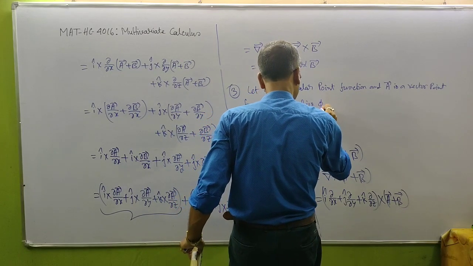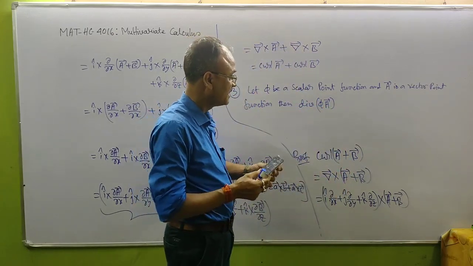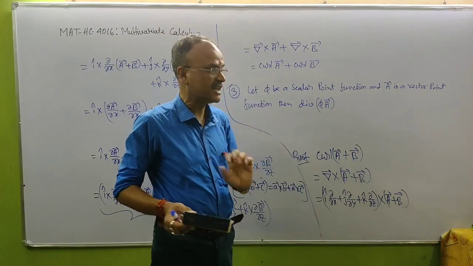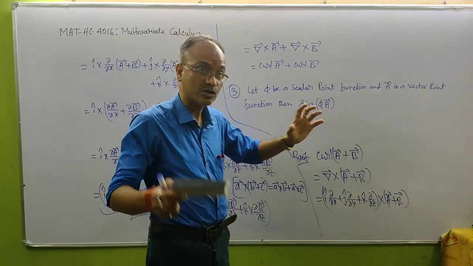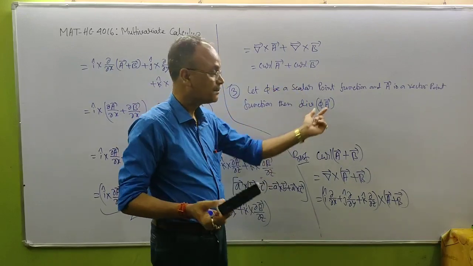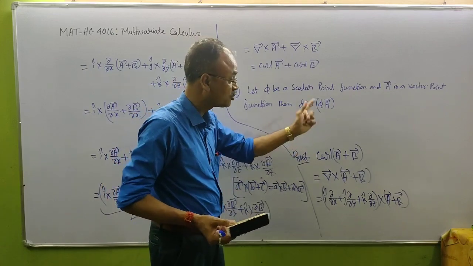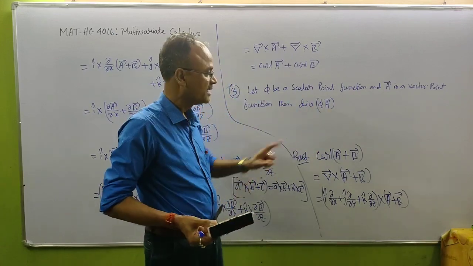divergence of phi A vector. You notice that the divergence of a vector quantity is always a scalar quantity. Phi is a scalar, A vector is a vector, so in total phi A vector is a vector quantity, but the divergence of that vector quantity will definitely be a scalar quantity.